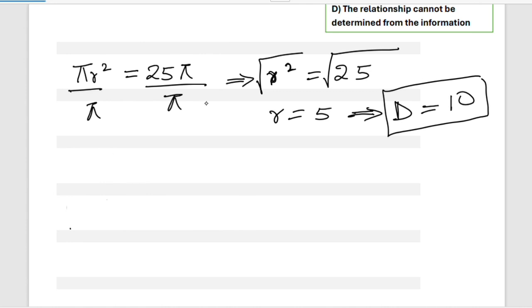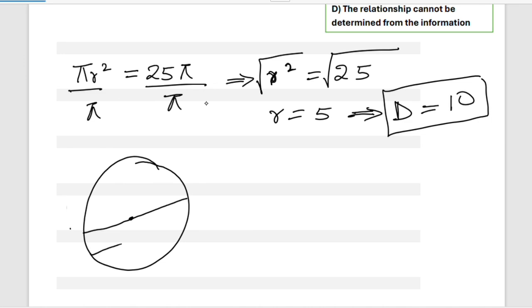So let me just redraw this. So we have our circle here again. This is the center and this is the diameter. Okay, so any other line that is not a diameter is not going to make 90 degrees. That means, for example, if I have this line here and I join it up here, this is going to be less than 90 and this is going to be greater than 90.